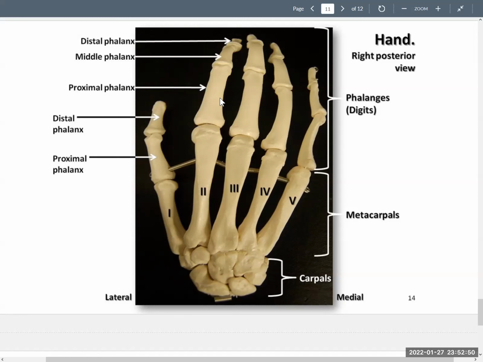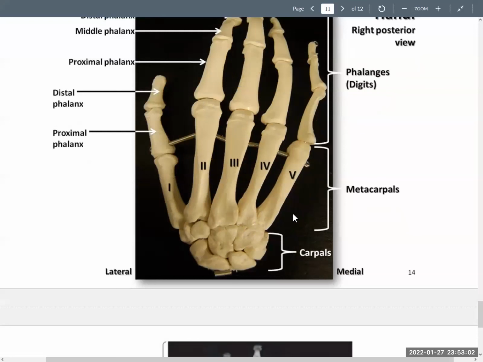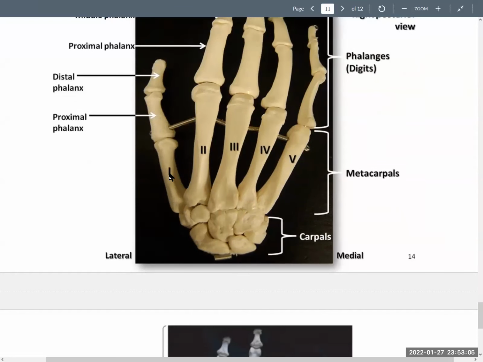Now go away from the fingers to the palm of the hand. The palm of the hand has 5 bones, numbered 1, 2, 3, 4, 5. Well, you can't give that as an answer. Bone 1 is metacarpal 1.